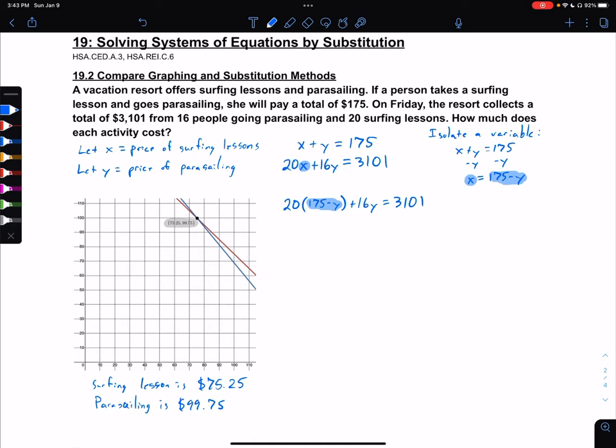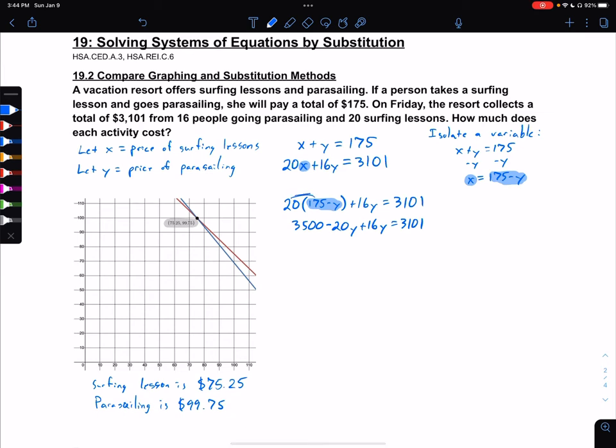The nice thing is we already know the answer we're supposed to get: y should equal 99.75. Let's go through the steps and make sure that's what we get. 20 times 175 is 3,500 minus 20y plus 16y.